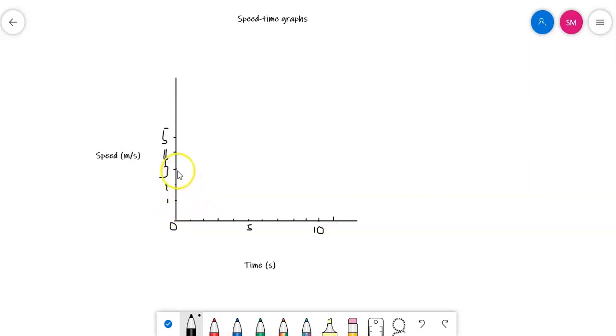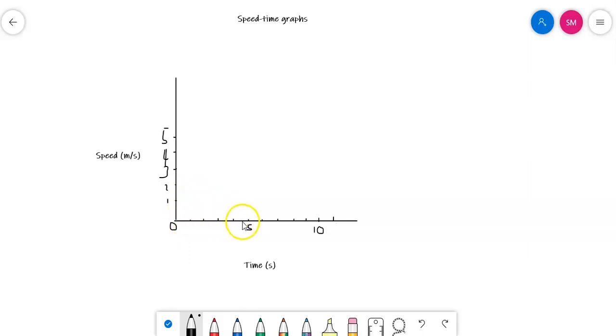This would be 2 meters per second and 3 meters per second. So let's say we have an object that is increasing its speed by 1 meter per second per second. So every second, the object increases its speed by 1 meter per second.